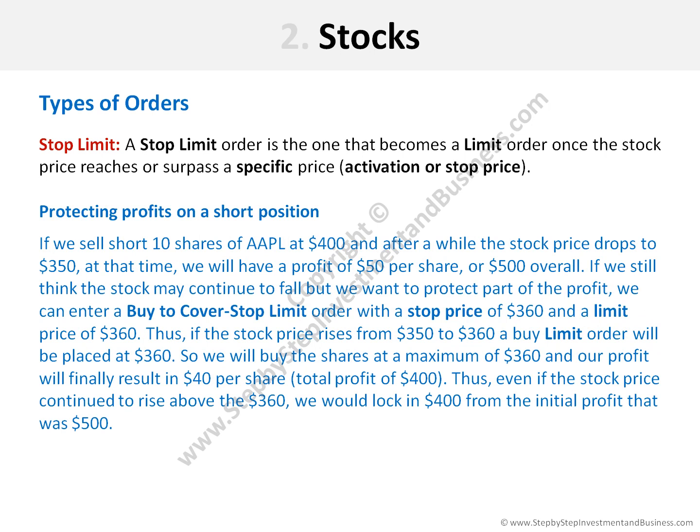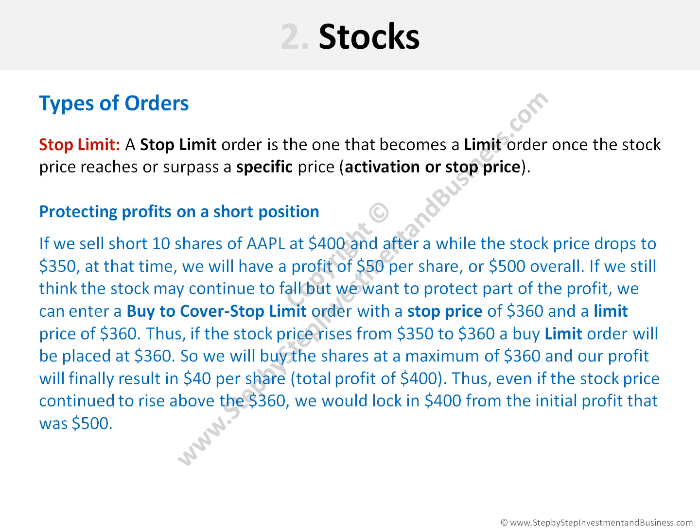If we still think the stock may continue to fall, but we want to protect part of the profit, we can enter a buy-to-cover stop limit order with a stop price of $360 and a limit price of $360. Thus, if the stock price rises from $350 to $360, a buy limit order will be placed at $360.